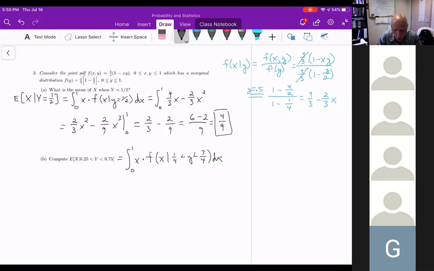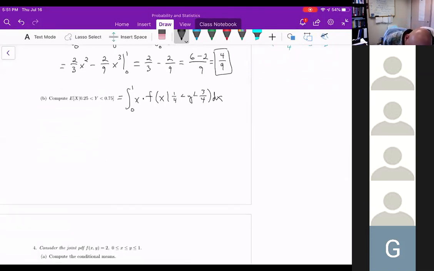So I need to figure out what is that conditional distribution, because I need to know what to plug in there. It is not what we got up in the top right in blue, and that's because that really only works when you have an explicit condition value. So what I know is that this is going to end up requiring that we know what the probability is that y is between 1/4 and 3/4.